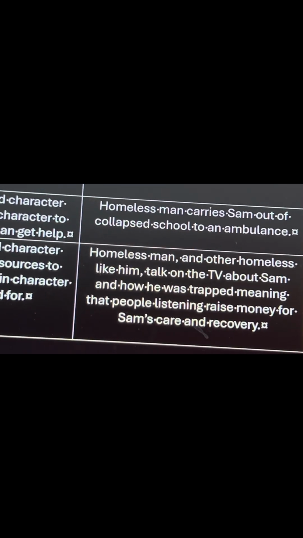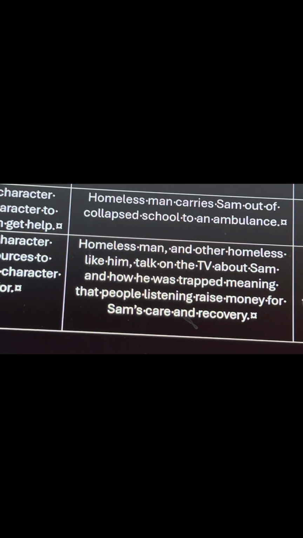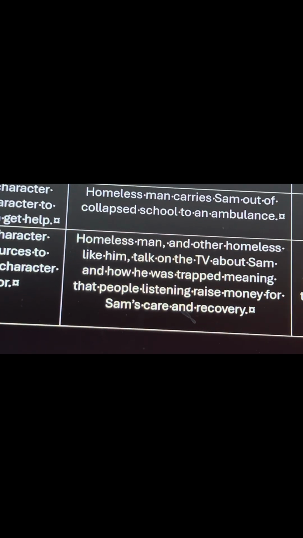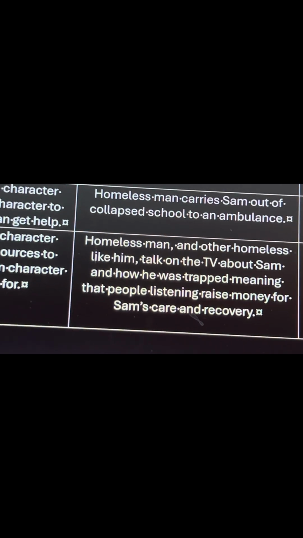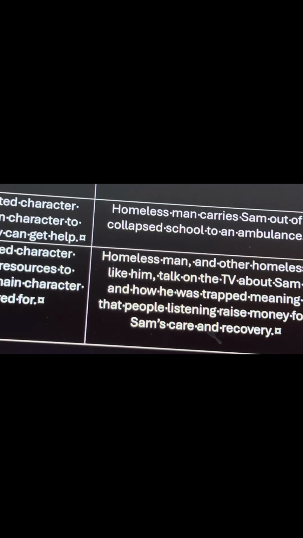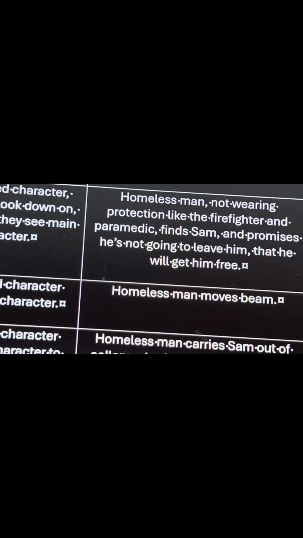So that is the parable of the Good Samaritan, but it's also not. I've actually done another of them that's also the parable of the Good Samaritan, but also not.